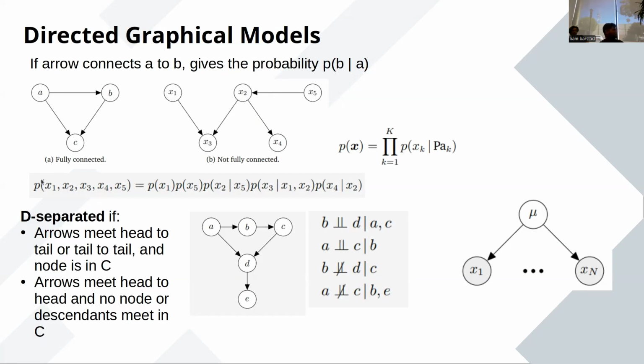And if you have a series of 5 values for all of these things, and you want to compute the joint probability distribution, then you use this algorithm, which is the product of each probability distribution of the node given all their parent nodes. So probability of x2 given, where is that? Given x5, because x2 depends on x5.